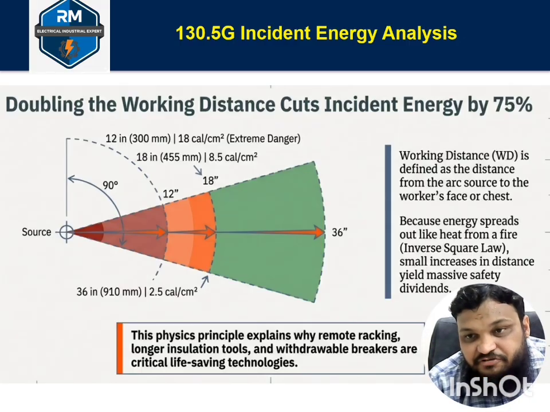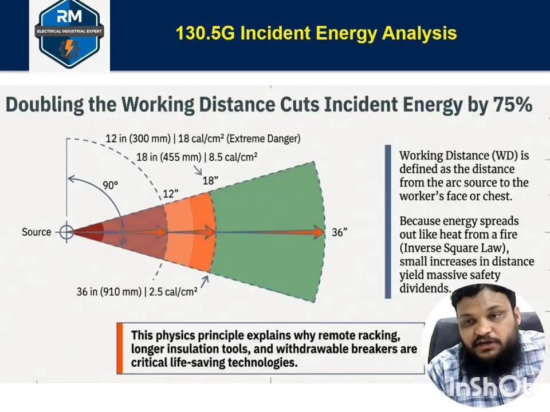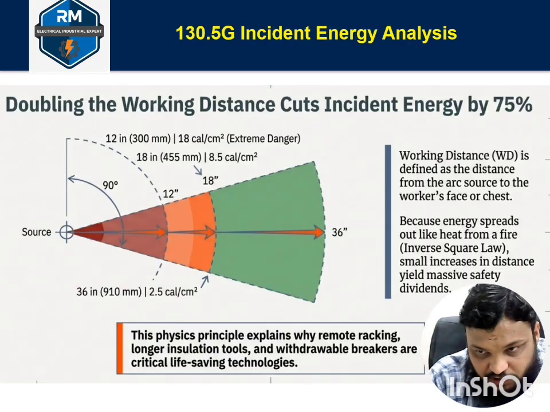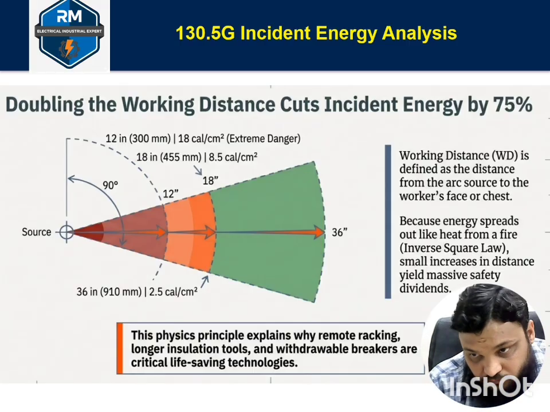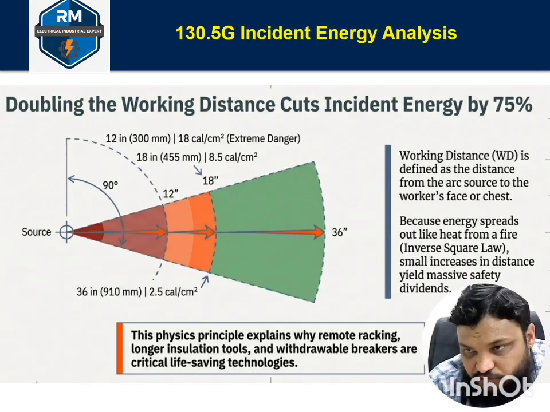That is extremely dangerous. When we move further from the live equipment, at 18 inch the incident energy is 8.5 calories per centimeter square. Then if we double the distance, at 36 inch the incident energy reduces to 2.5 calories per centimeter square.